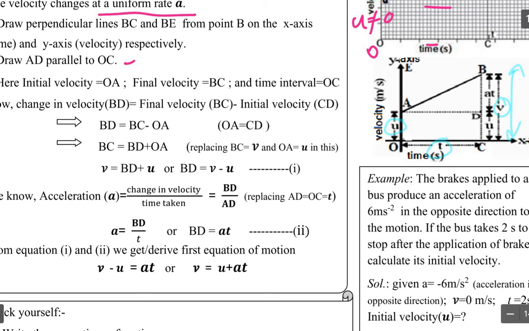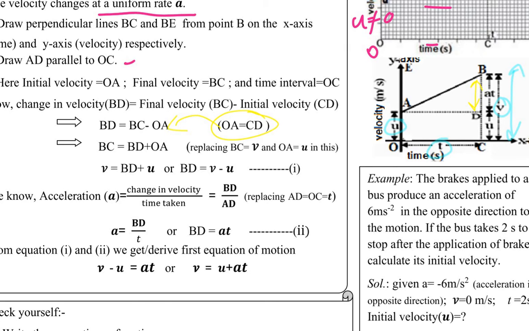It's saying only about BD. BD is equal to BC minus OA. You will say, because CD is equal to OA, we have written OA instead of CD. So we can find BD from this equation.